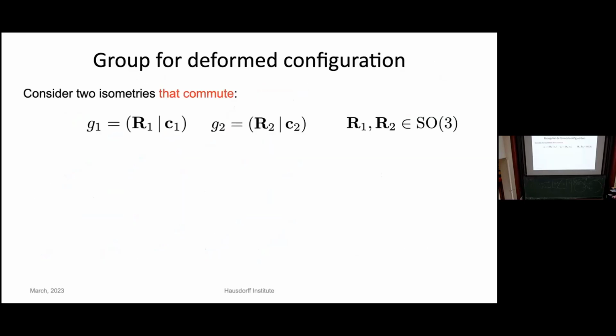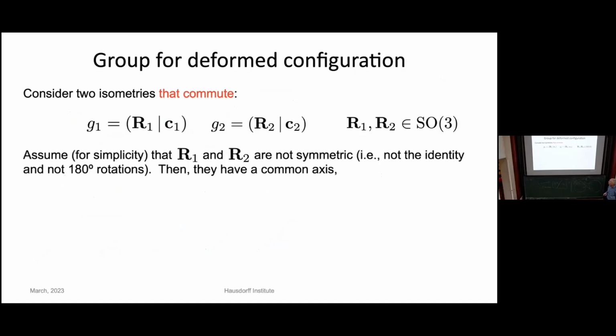Now I'm going to take two generators that commute, as I said before. I'm going to allow an orthogonal matrix here. Actually, I'm going to assume it's an SO3 here. This one's also going to be an SO3.